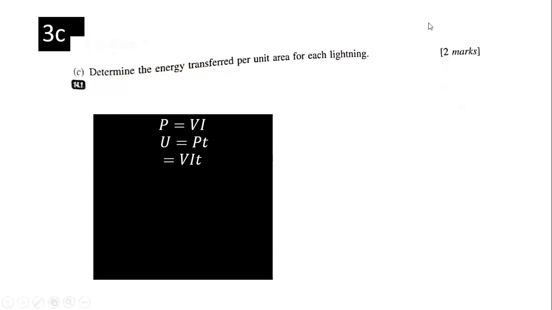Then replace your P with VI, and your t. And put in your value. Right? The voltage you already calculated. And then your I. What am I doing? Current. Did we calculate current?